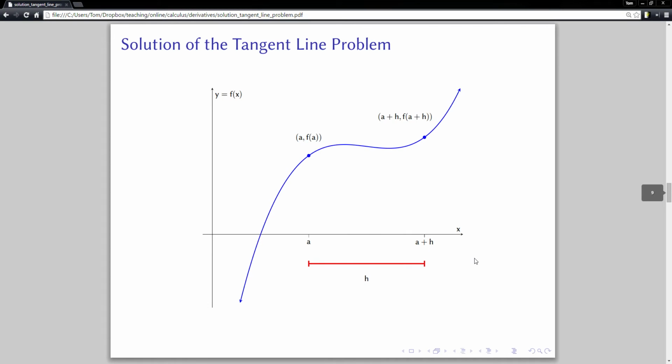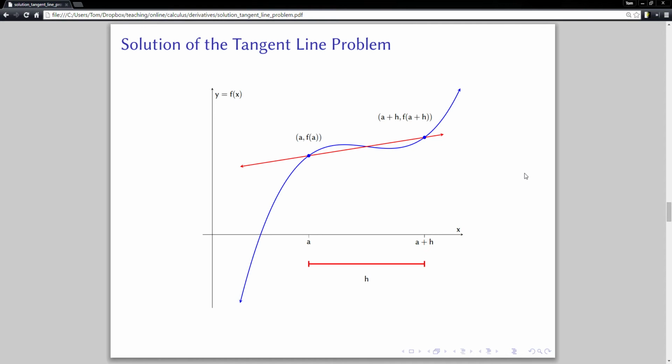And then on the graph, we would go to the graph of the function, and there's a point on the graph corresponding to that, if it's a nice enough function. And so then we will have 2 points, and we can think about the line that goes through those 2 points, just like that.